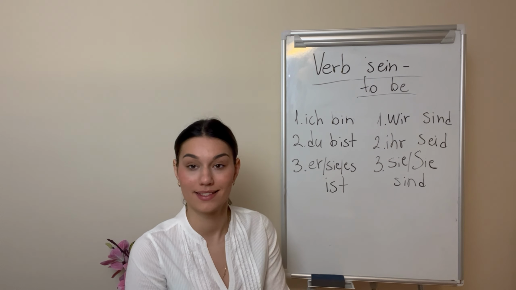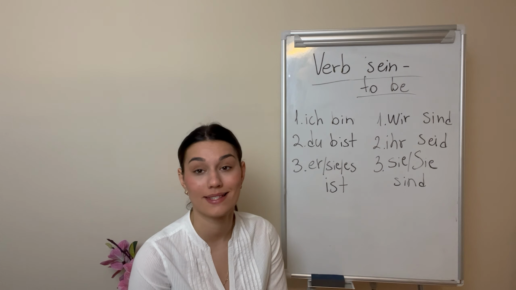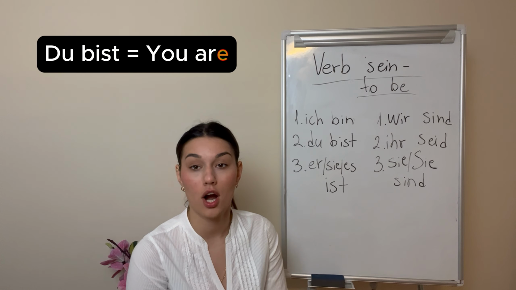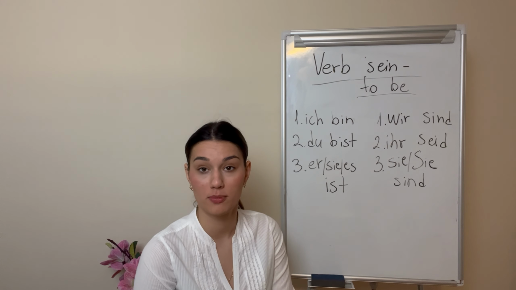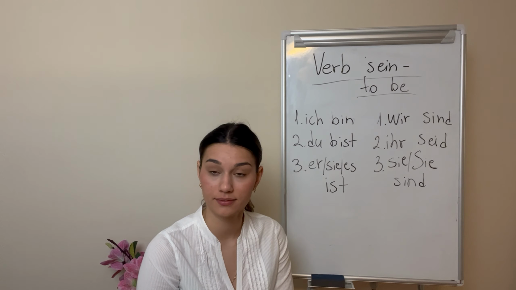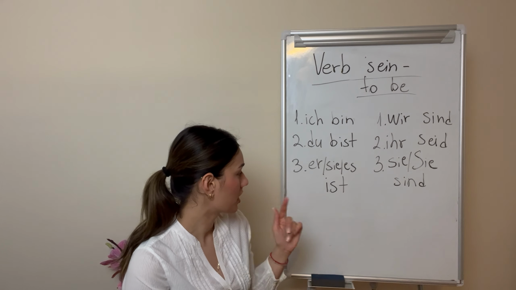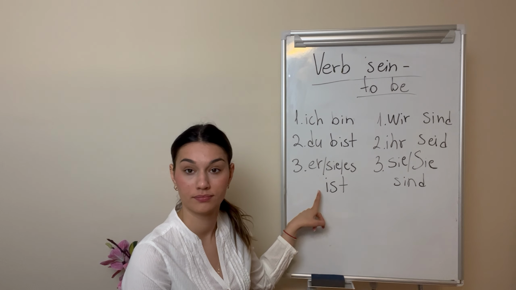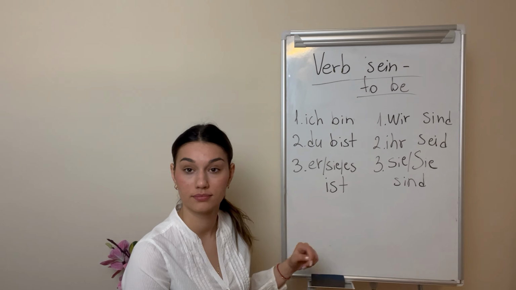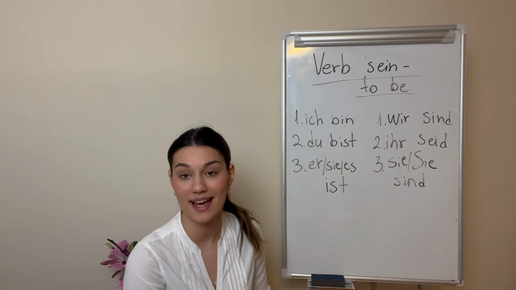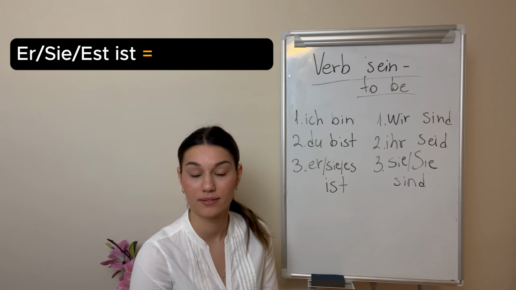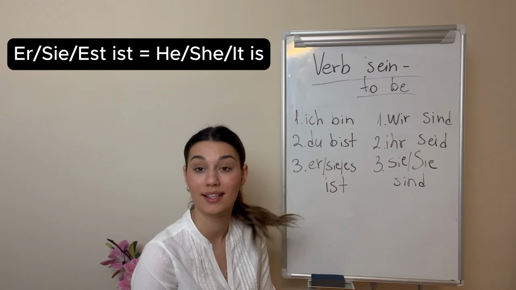Du bist. You are. Repeat after me. Ich bin. Du bist. Third person. Can you read this for me? That's right. Er, sie, es ist. That means he, she, it is.